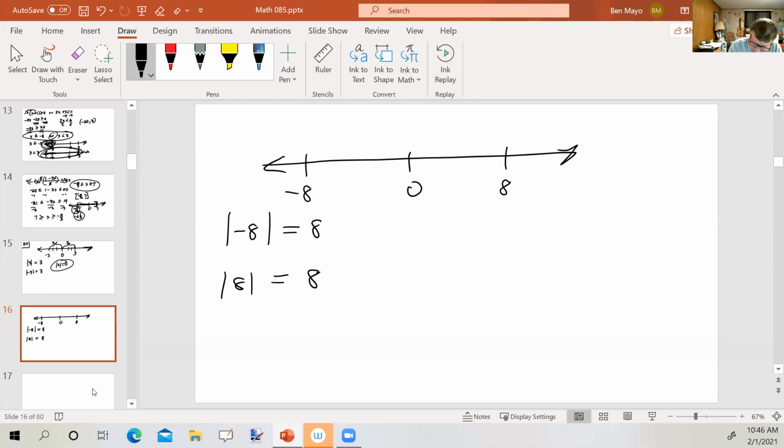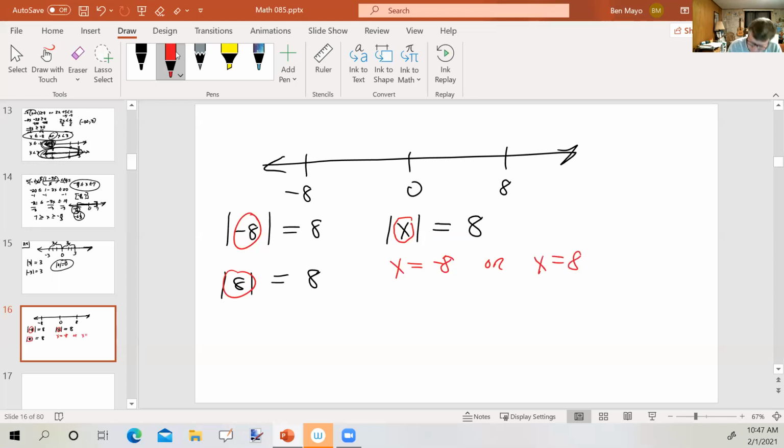Suppose I said that the absolute value of x was 8. Can you see that x would either have to be -8 or +8? In other words, this equation has 2 solutions. The absolute value of x equals 8. x has to either be -8 or +8. Any questions about that example?